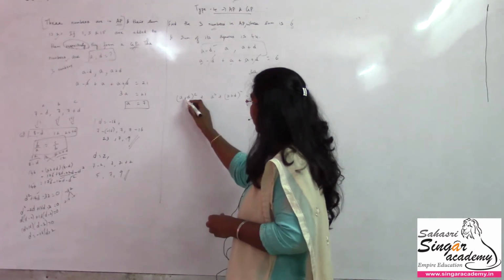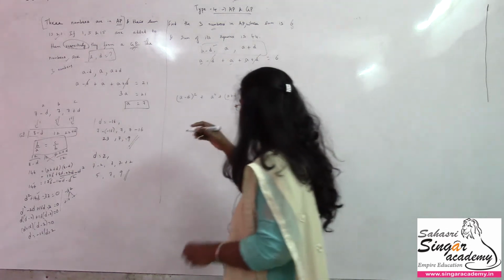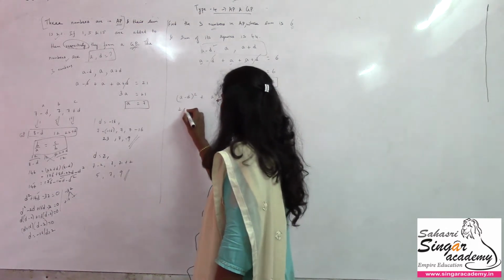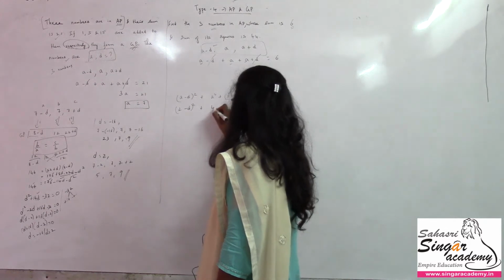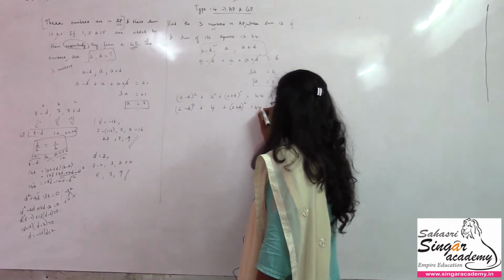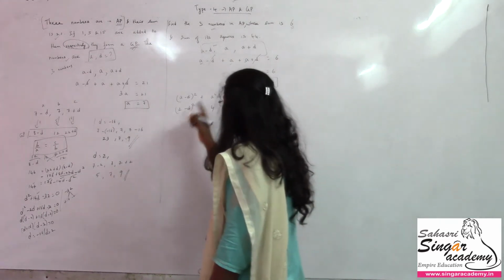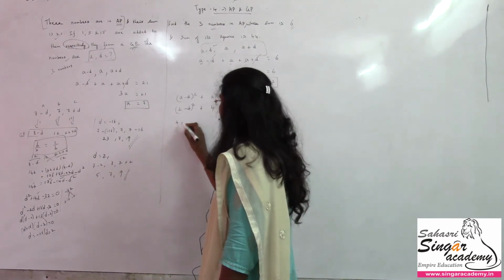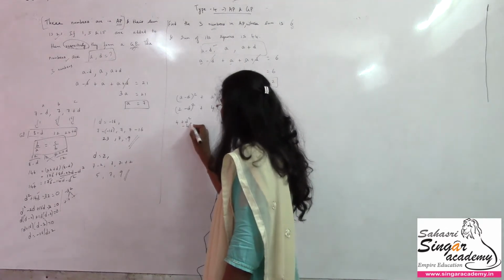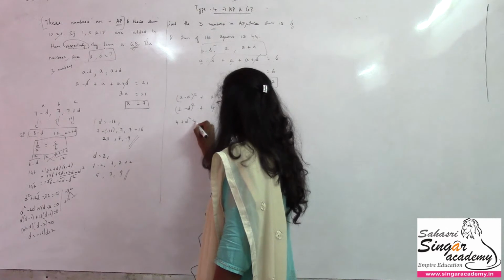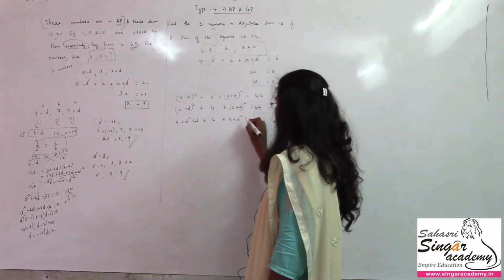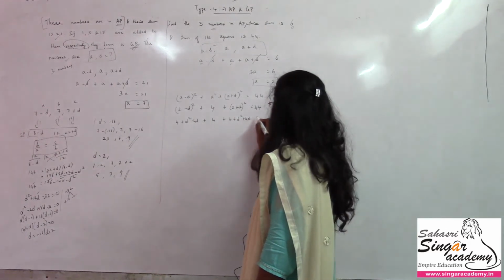Let's do it. You know the identity for A minus B the whole square, I'm just substituting that. I substitute A equal to 2 here also. So 2 minus D the whole square plus 2 square, 4, plus 2 plus D the whole square is equal to 44. Using the identity, A square 4 plus D square minus 4D, plus 4 as it is, plus 4 plus D square plus 4D, equal to 44.